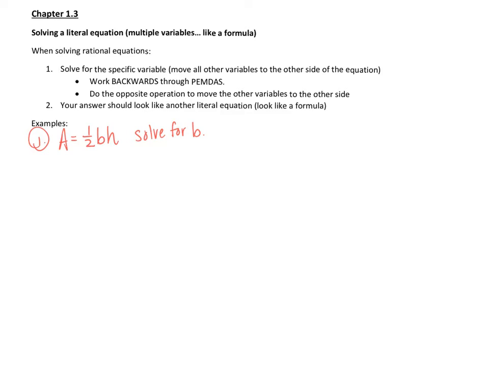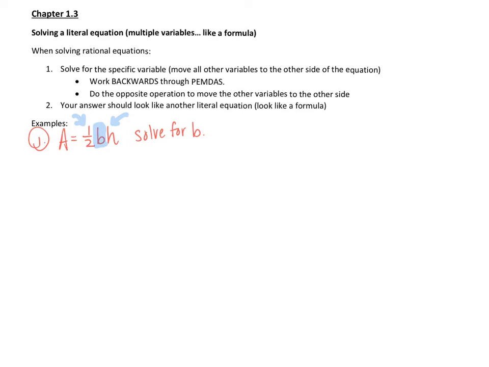If I look at the variable that they want me to isolate, let's look at this b. They want us to isolate or solve for the b. To do that, I'm going to need to get rid of this 1/2, and I'm going to need to get rid of this h. So let's see what the 1/2 is doing to the b.